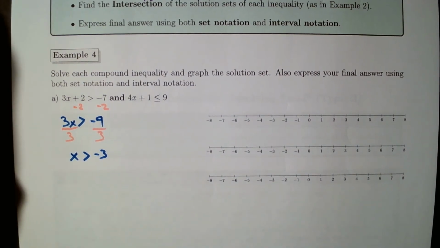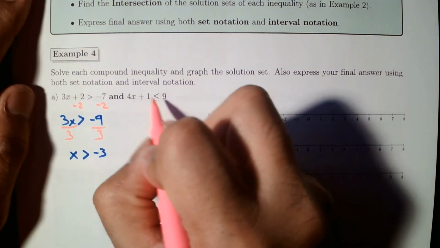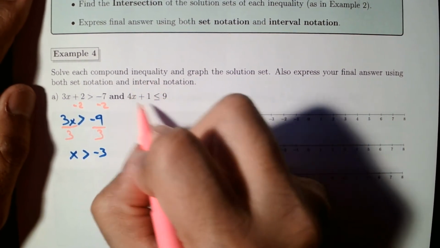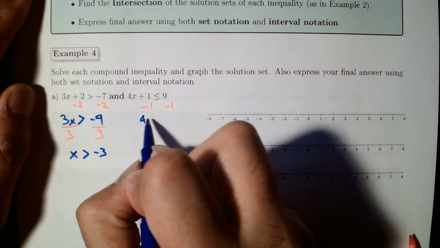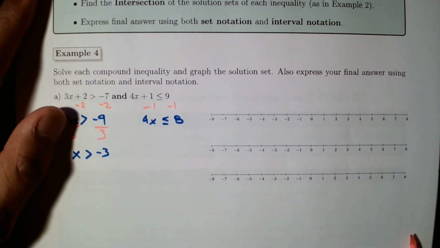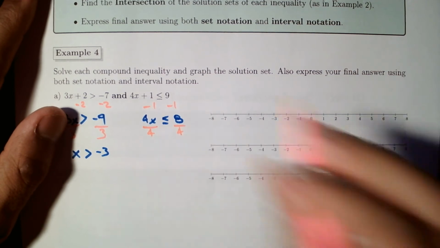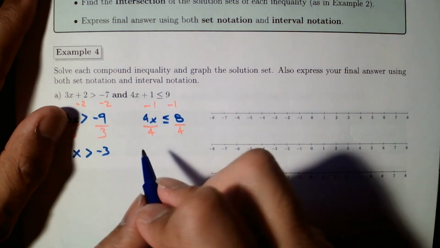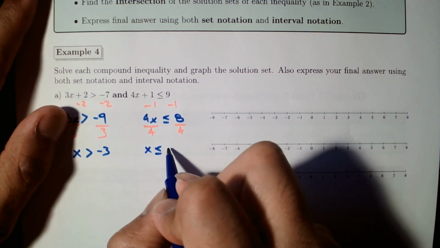All right, what about B? Let's solve the second inequality. Subtract 1 from both sides of the inequality to get 4x less than or equal to 8. And then divide both sides by 4 to get x less than or equal to 8 over 4, which is 2.